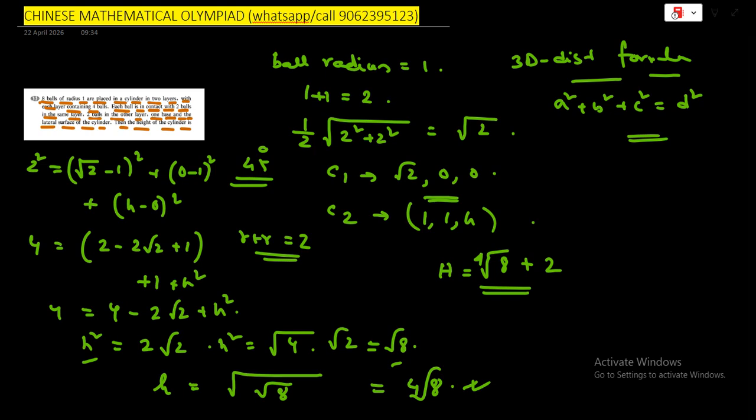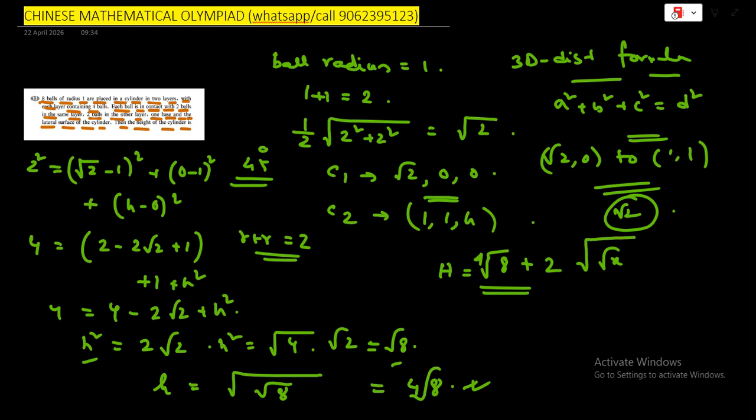Okay, and if I talk about the rotation thing, the jump from (root 2, 0) to (1, 1) is the main moment. Both points are exactly root 2 units from the origin. Okay, and root of root x is basically the fourth root of x. Okay, always remember that. So we have just solved this question.